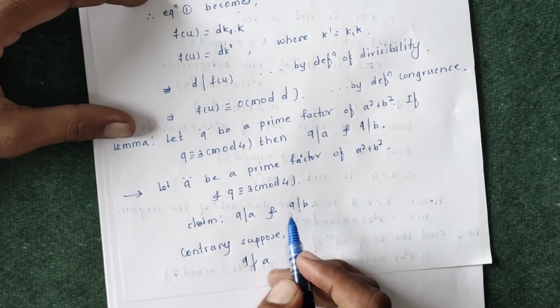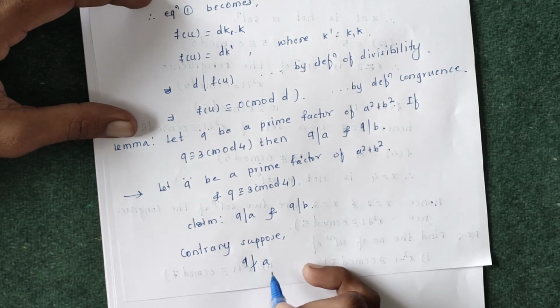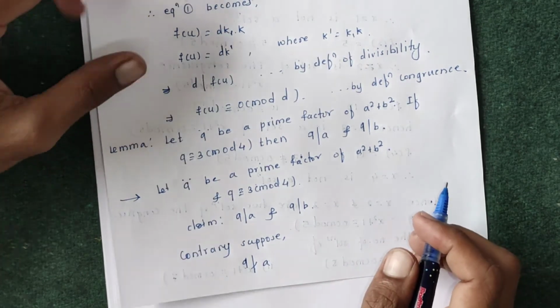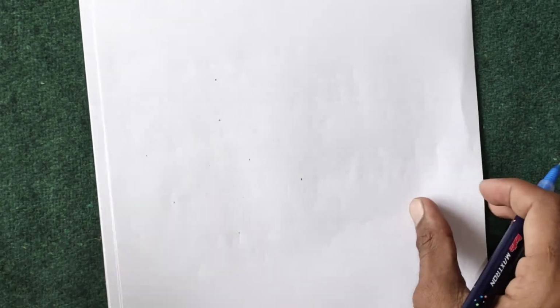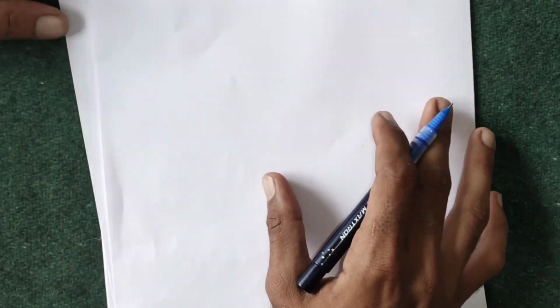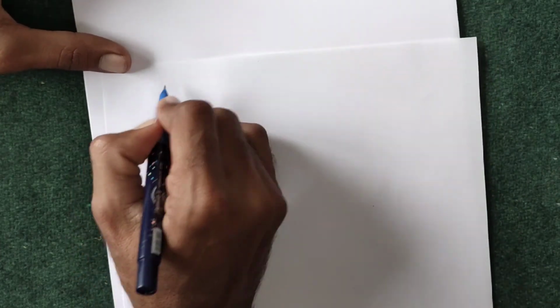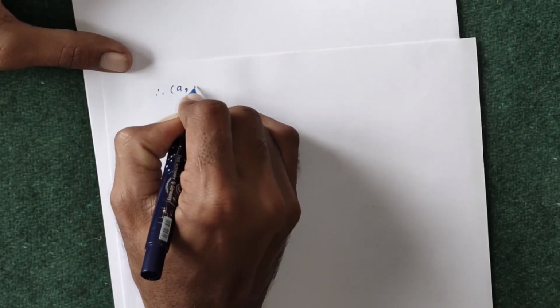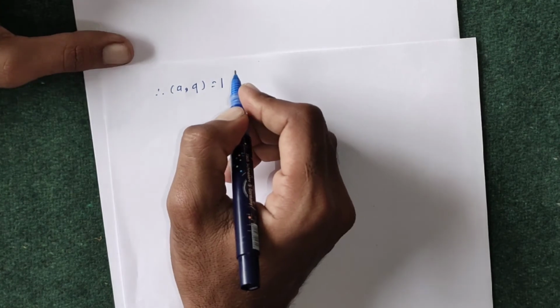Now q is a prime number, and q doesn't divide a means the GCD of a and q is 1, that is, q and a are relatively prime numbers. Therefore GCD of a and q is equal to 1.